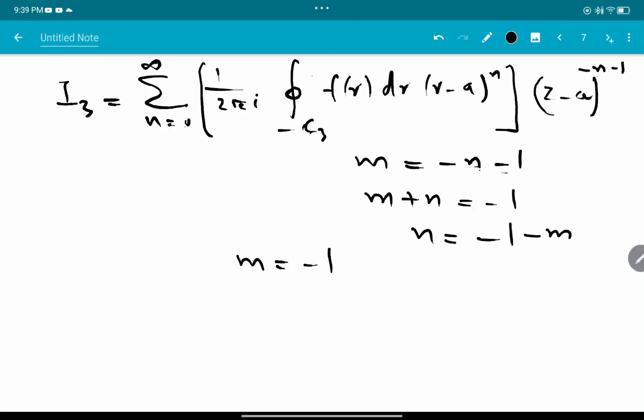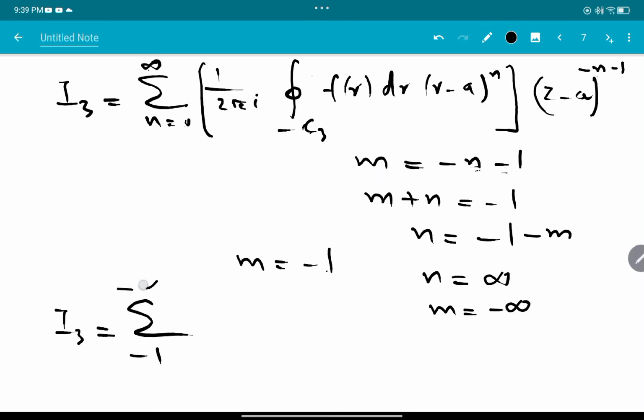When m is equal to 0, n is equal to minus 1, and when n is equal to infinity, m will be equal to minus infinity. So the situation will change here. I3 will be equal to, in place of n equal to 0, m equal to minus 1, and in place of infinity, minus infinity.